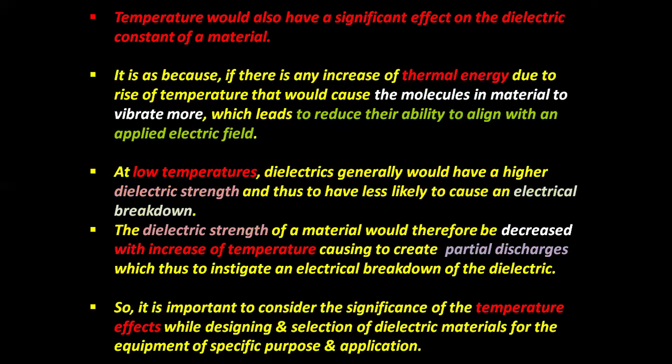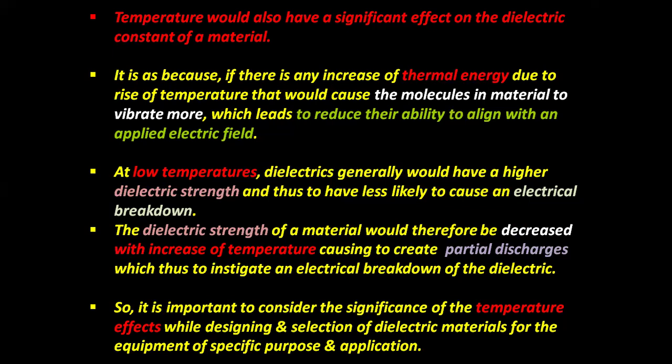Temperature also has a significant effect on the dielectric constant of a material. It is because any increase of thermal energy due to a rise in temperature would cause the molecules in the material to vibrate more, which reduces their ability to align with an applied electric field. At low temperatures, a dielectric generally has a higher dielectric strength and is thus less likely to cause an electrical breakdown.